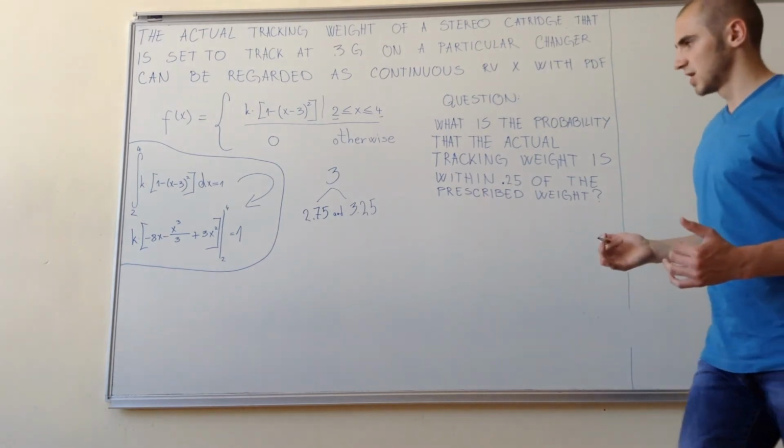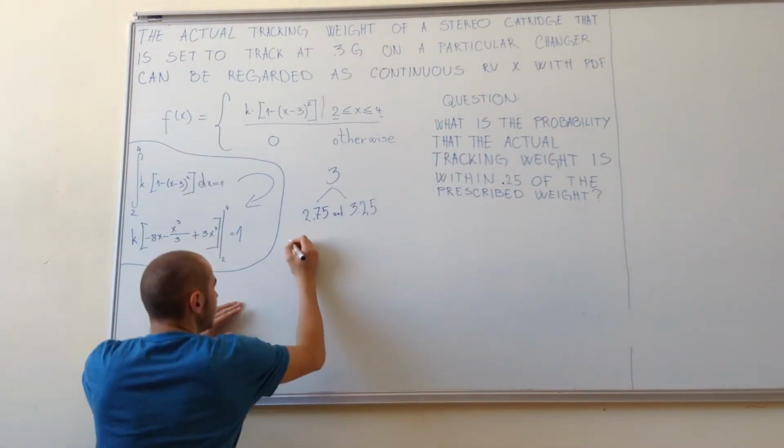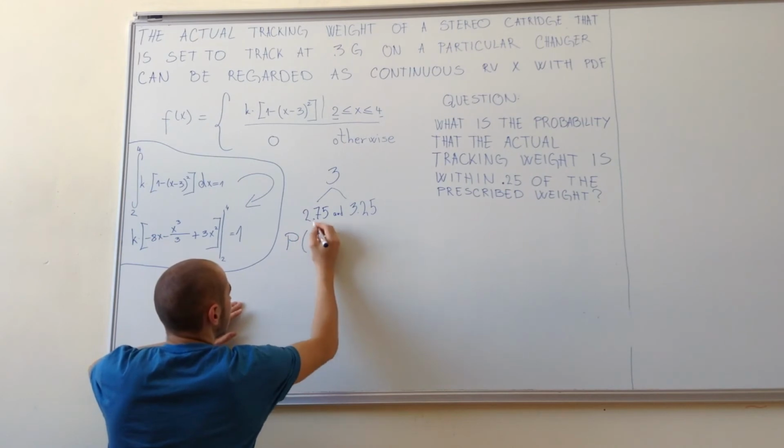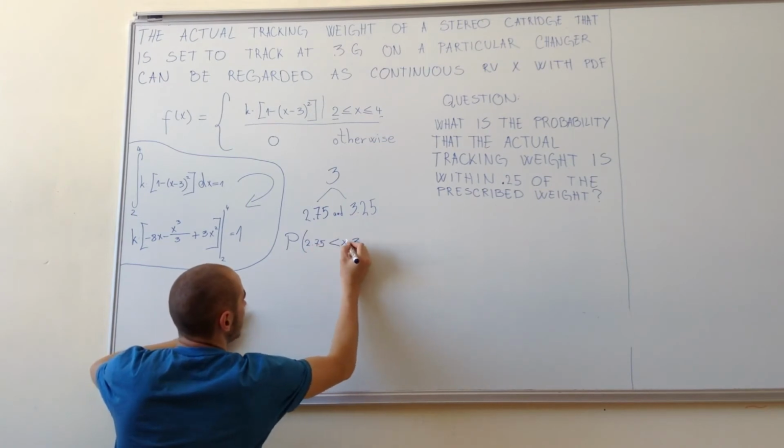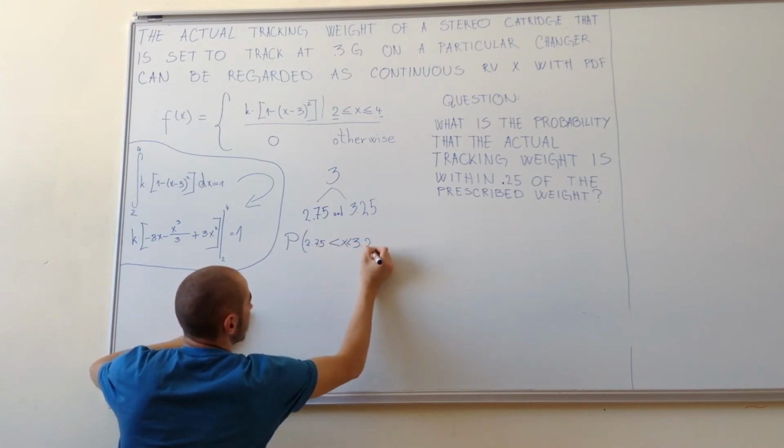So our question is, what is the probability that x will be between 2.75 and 3.25?